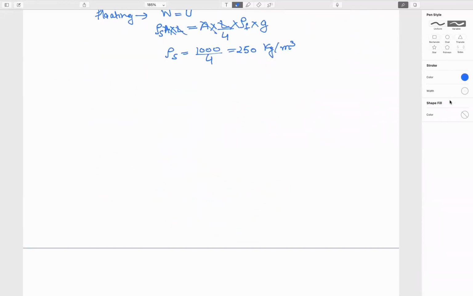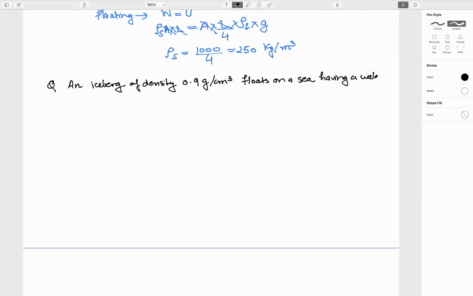Okay, so let's take another type of question. I will make a figure. An iceberg of density 0.9 gram per centimeter cube floats on a sea having a water density of 1.1 gram per centimeter cube.